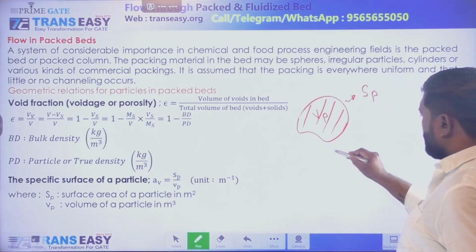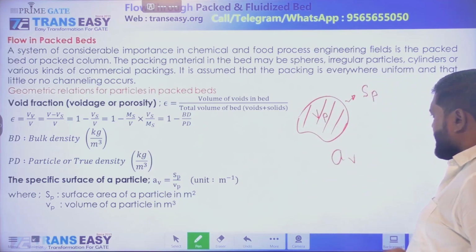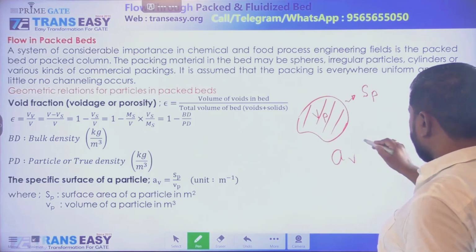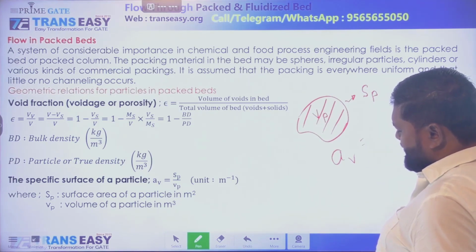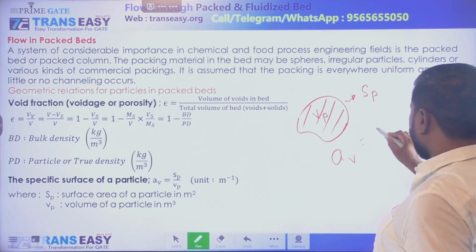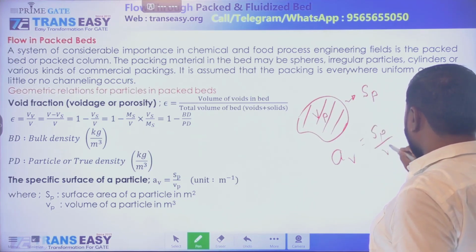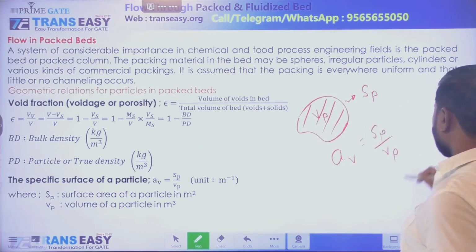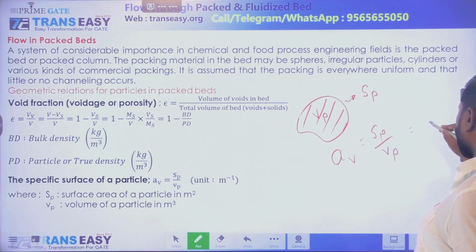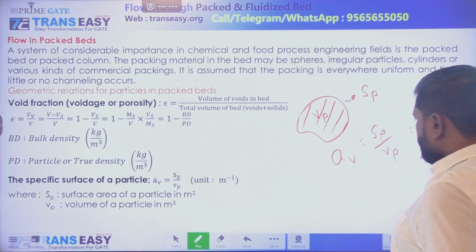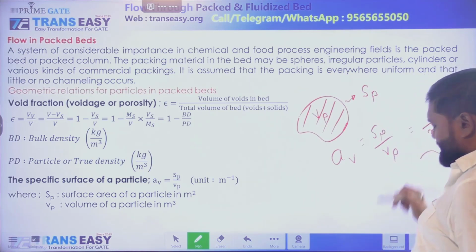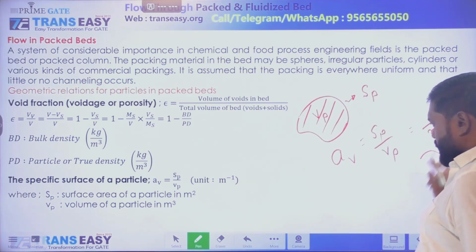The ratio is called the specific surface: surface area per unit volume of the particle, Sp upon Vp. Its unit is 1 upon meter, since this is in meter square and this is in meter cube.